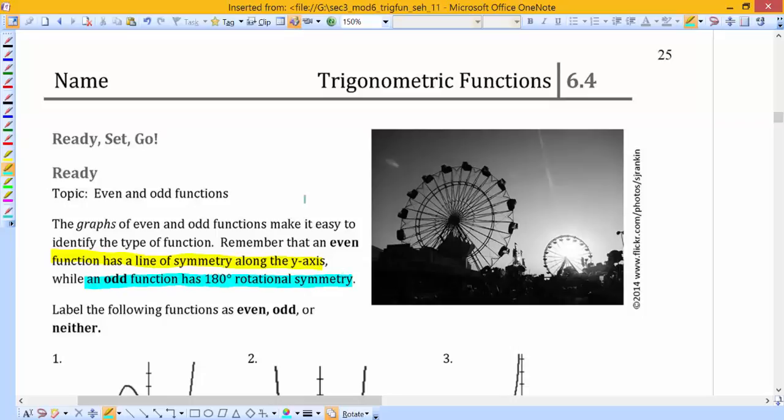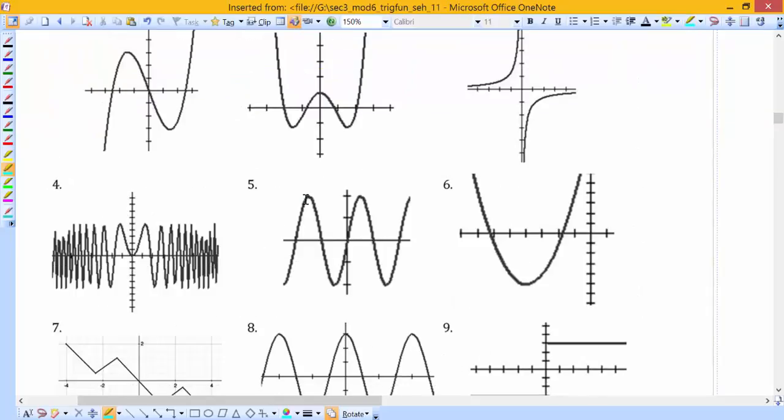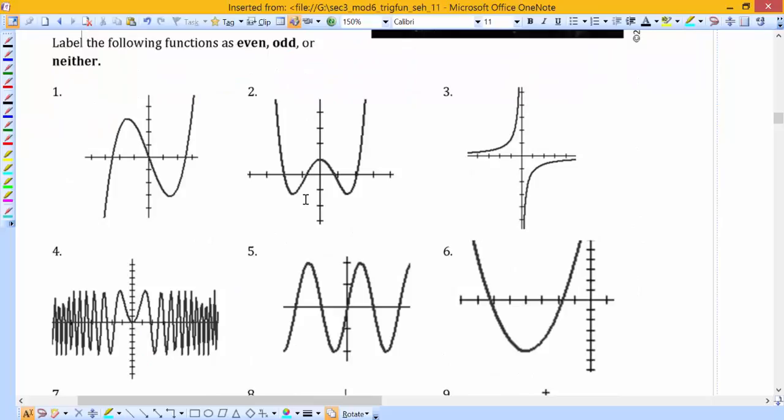So you're just going to go through here and identify all of these as even, odd, or neither. In number 2, it's symmetric to the y-axis, therefore that would be even. Number 1, I just go to my origin, and I can see that it's not symmetric to the y-axis.